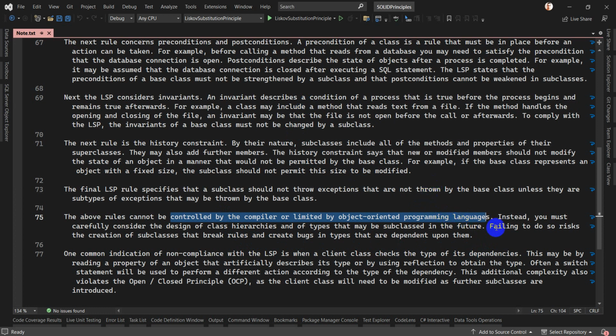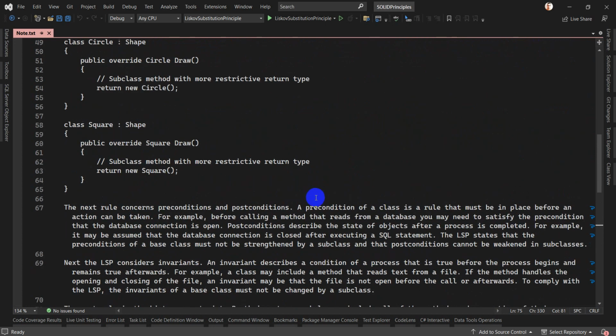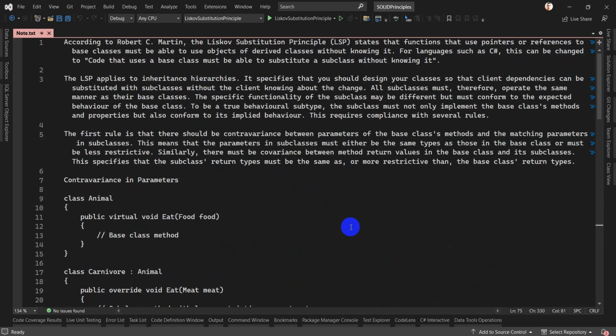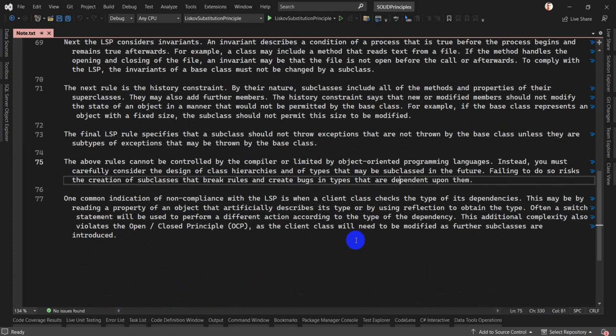If we fail to do so, the risk of creating subclasses that break the rules and create bugs and type problems is very probable. So we should, as programmers, be careful about respecting these rules because our programming language or the compiler cannot enforce them.